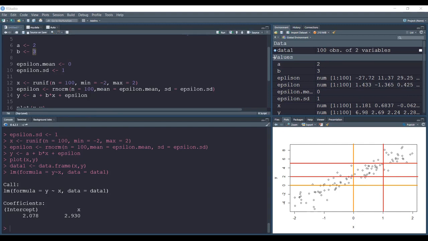So the true relationship is this line over here. And we can now delete this, this, and this. So that's what we started with.